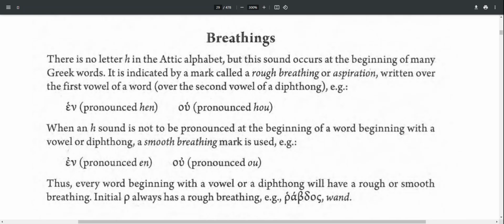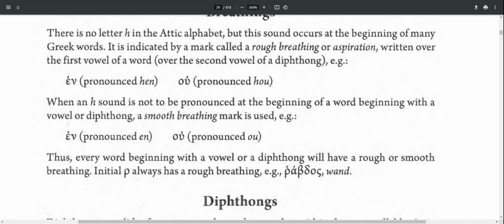It's hard to see how to pronounce them. In modern Greek, you don't use them anymore. But here are some examples in use over the beginning of words, in vowels and diphthongs, the second vowel of a diphthong, and also over the letter ro at the beginning of words, here rhaptos, which means wand.